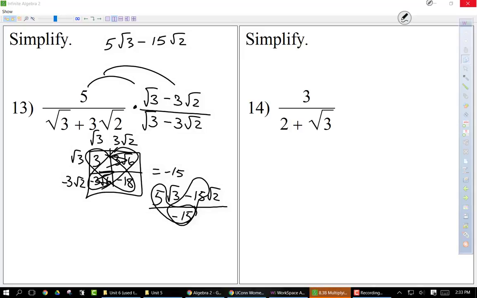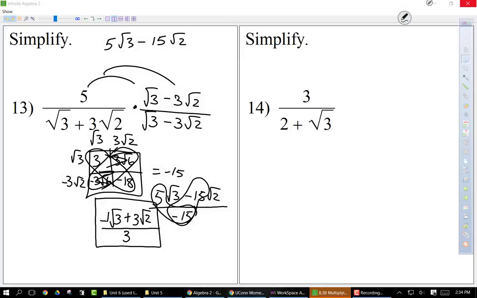Because I'm dividing by negative 5, this gives me negative root 3, because 5 divided by negative 5 is negative 1, plus 3 root 2, because negative 15 divided by negative 5 is 3. So that's your answer there. That's called conjugation, multiplying by the conjugate. We don't want square roots in our denominator, therefore you have to multiply to get rid of it.